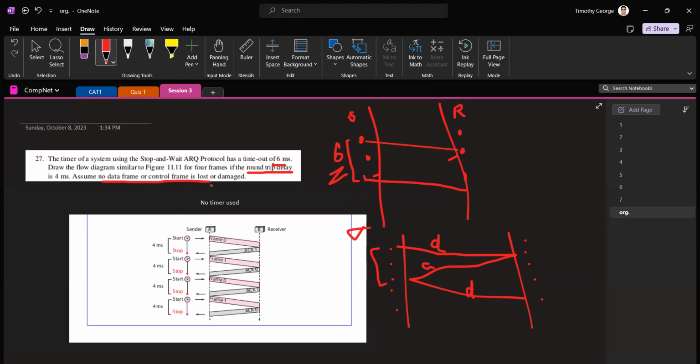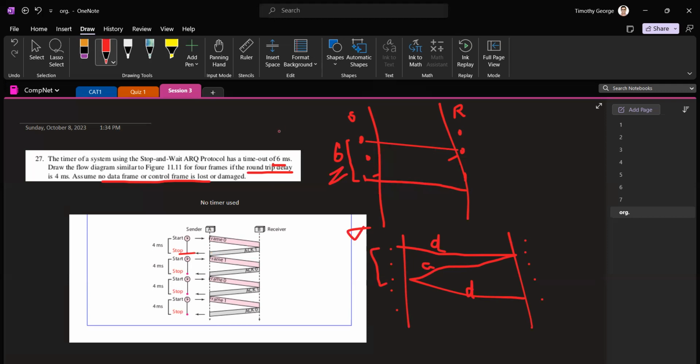But here, nothing is being lost. The timer starts, then at 4 milliseconds it stops, and the next frame is sent. This is what you would be expected to draw: frame going, acknowledgement coming, and 4.